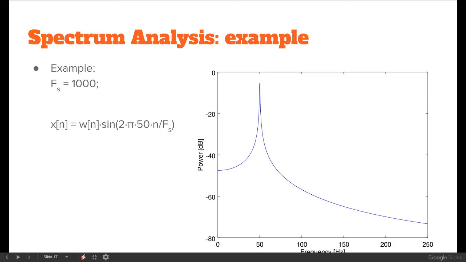Example of the spectrum analysis, there's a 50 Hz signal at a sample rate of 1000 samples per second, and basically if you do the spectrum analysis, you can see this spectrum is not anymore that clean in the discrete world because you are cutting the signal with a sharp edge.